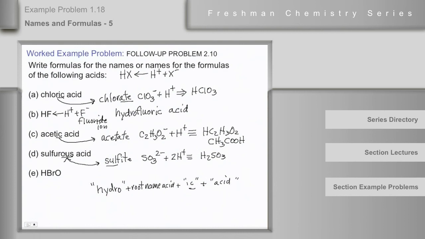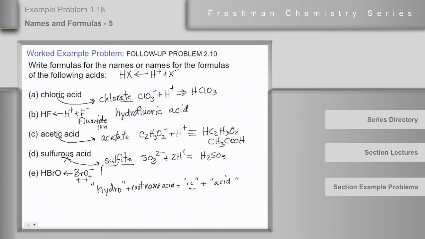So acids with an OUS ending on the first part of their name come from anions with an ITE ending on their names. If we look at the last one here, HBrO, this one is derived from the anion BrO minus. Okay, you can think of it as being made up of BrO minus and H plus.